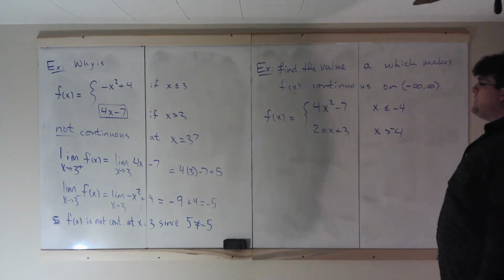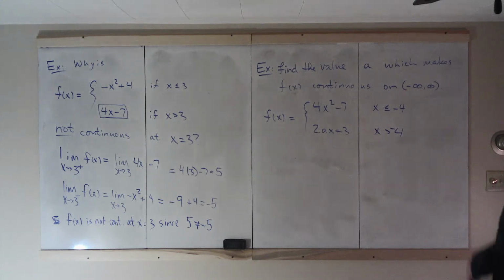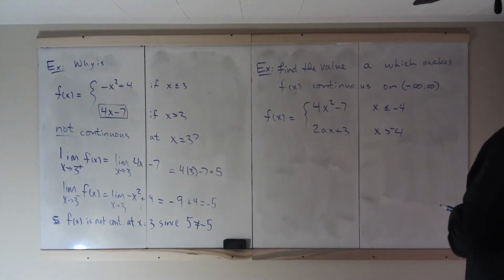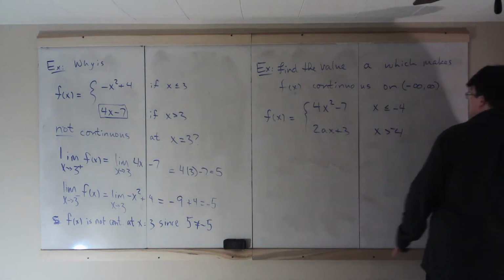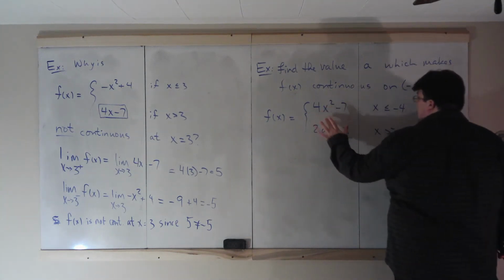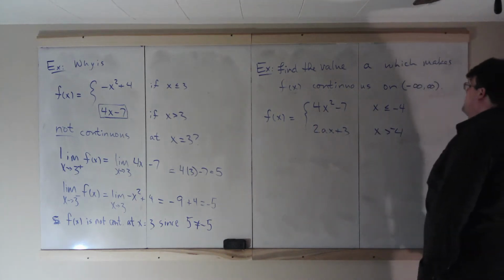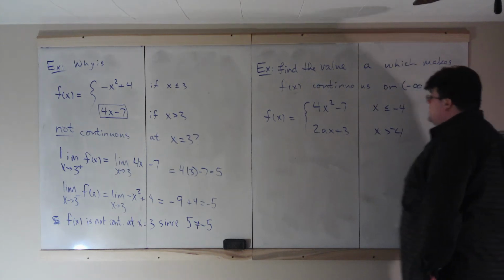So you could see a question like that. You could also see a question like this. Find the value a which makes f of x continuous everywhere. So here we have another piecewise function. On the left of negative 4 and equal to negative 4, the function is 4x squared minus 7. On the right of negative 4, it's 2ax plus 3. a is a constant.